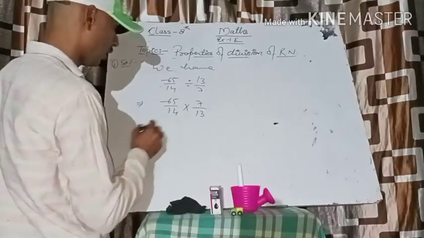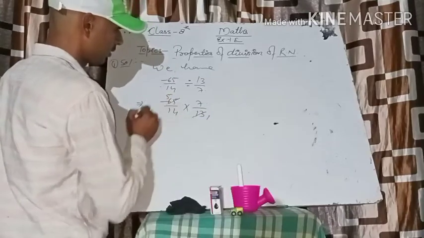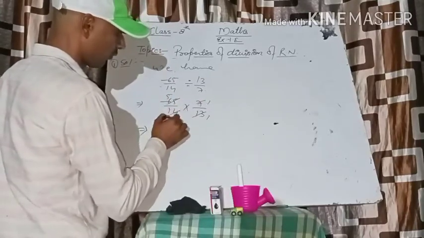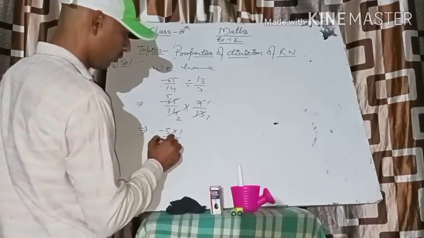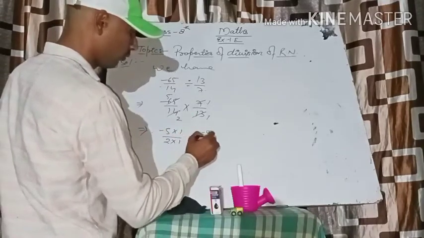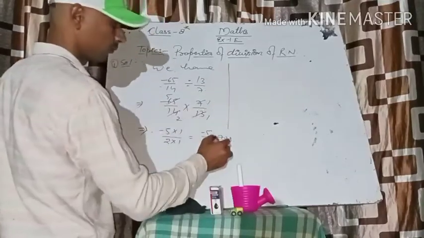Now 13 ones are 13, 13 fives are 65, 7 ones are 7, 7 twos are 14. Now it becomes minus 5 into 1 upon 2 into 1. Your answer becomes minus 5 by 2.